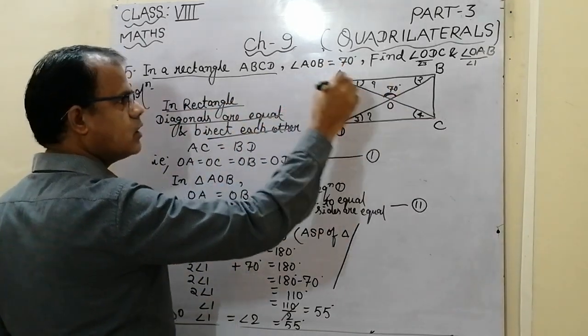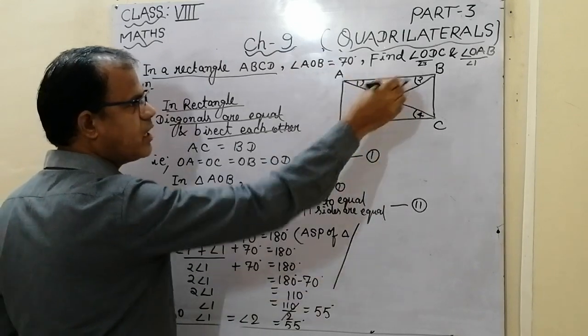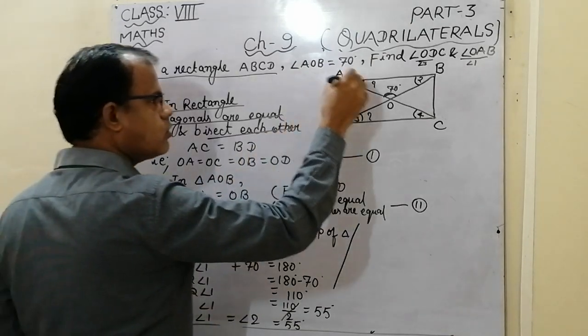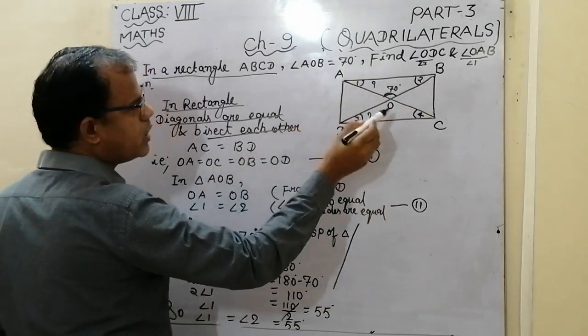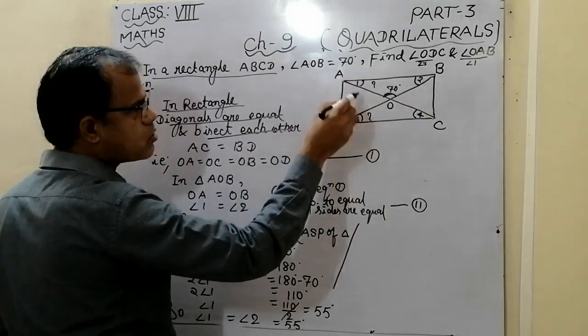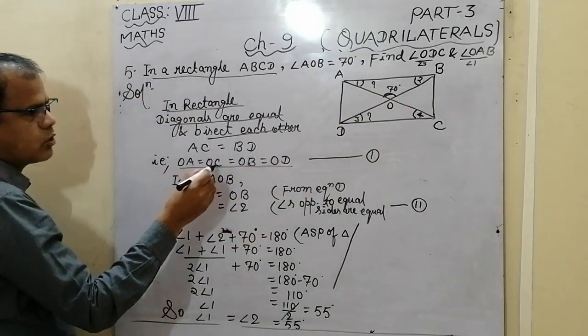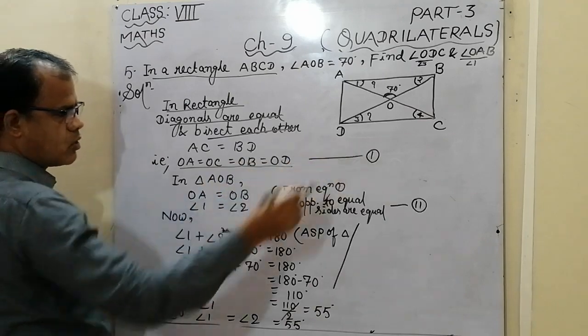Two diagonals are there, AC and BD, and both are equal, AC equals BD. So OA equals OC, as it bisects, and OB equals OD. We write OA equals OC, OB equals OD, equation 1.